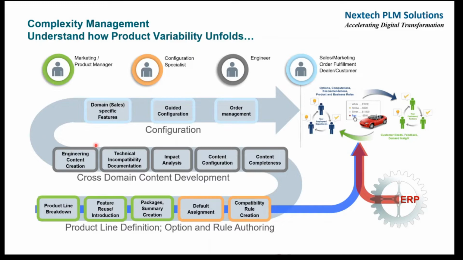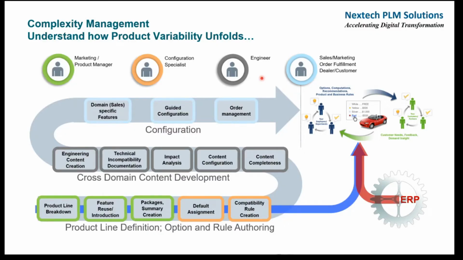Some industries would publish these features to the ERP system, and from the ERP system the whole order related part would be processed, from initiating the purchase order to actually generating the order.